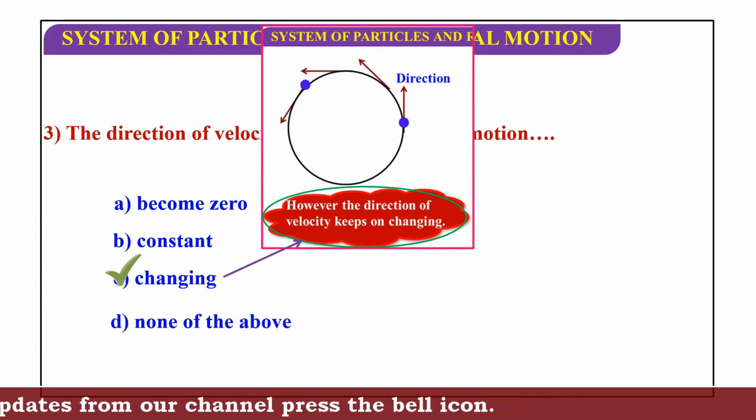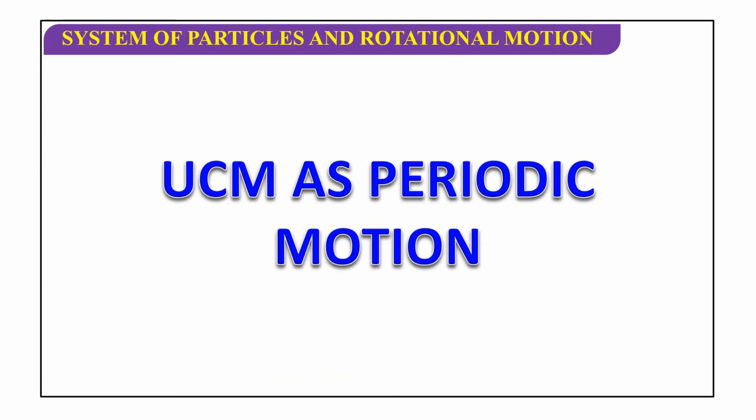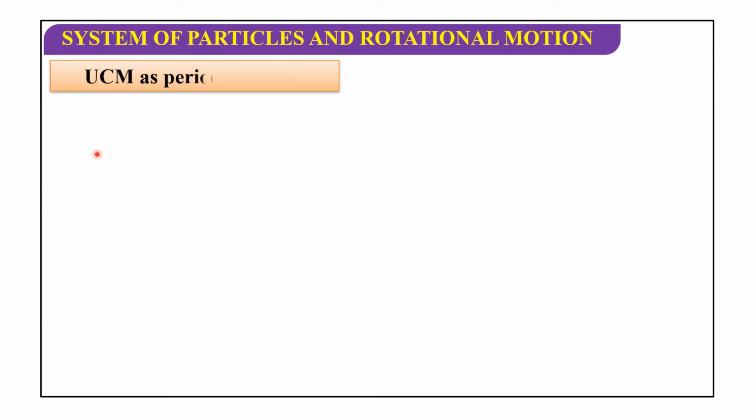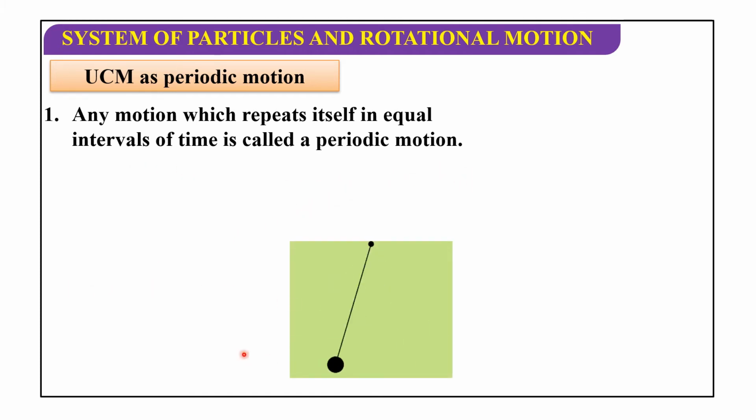Okay. Next, now let us discuss uniform circular motion as periodic motion. UCM is nothing but uniform circular motion as periodic motion. Any motion which repeats itself in equal intervals of time is called a periodic motion. This is a pendulum. A pendulum exhibits a periodic motion.